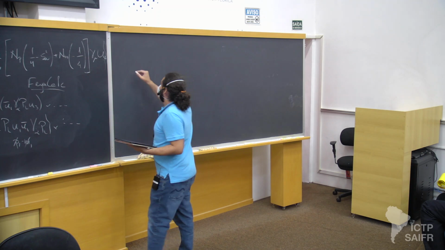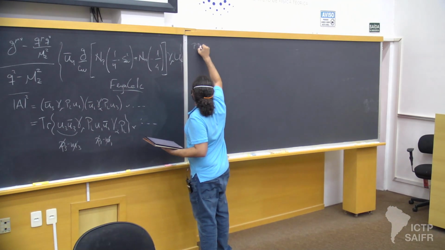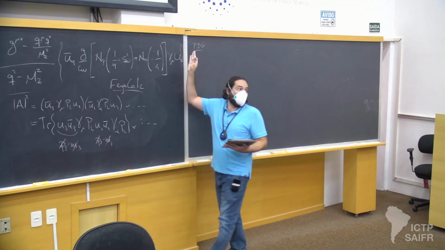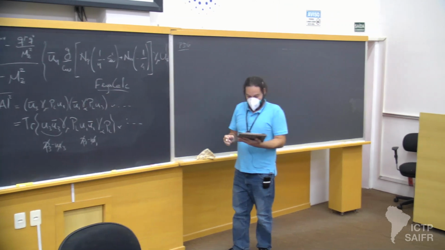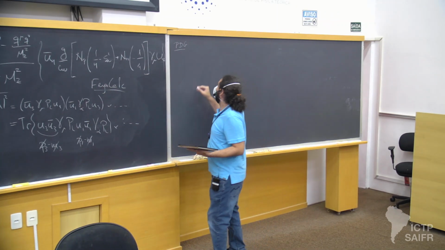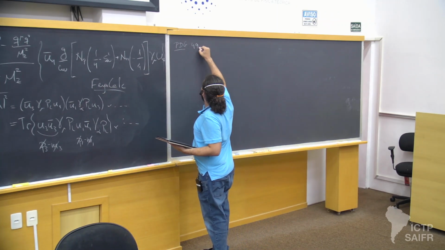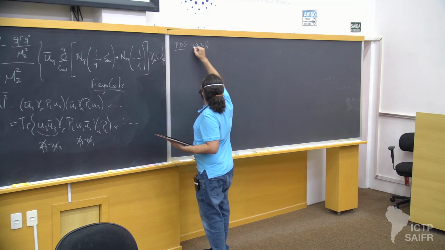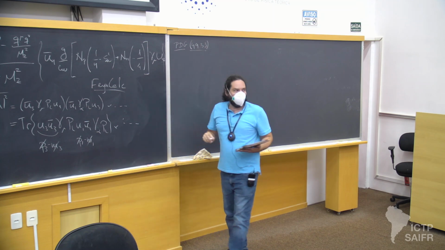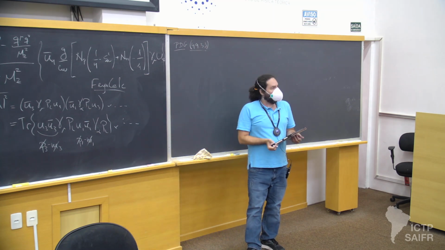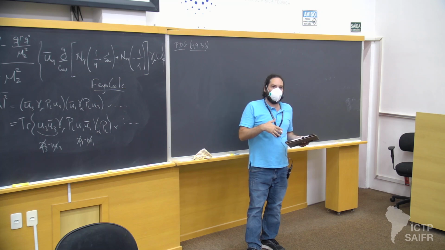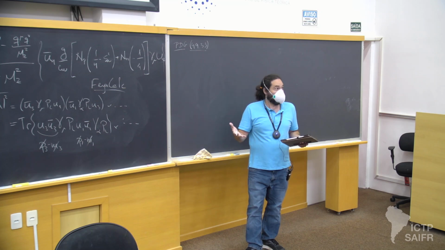So what you do is open your dear friend PDG, and I mean it. PDG has a lot of good stuff. If you're in doubt, go to PDG. You go to equation 49.33 in the kinematics section, where it shows the relation between a cross section and an amplitude.